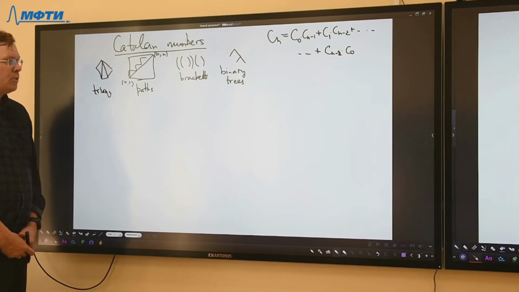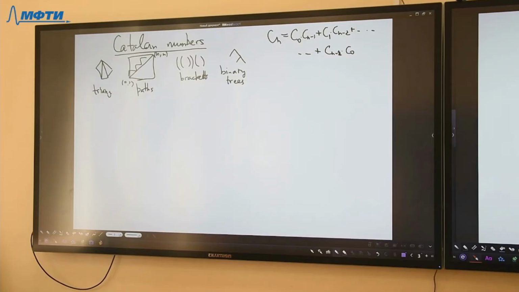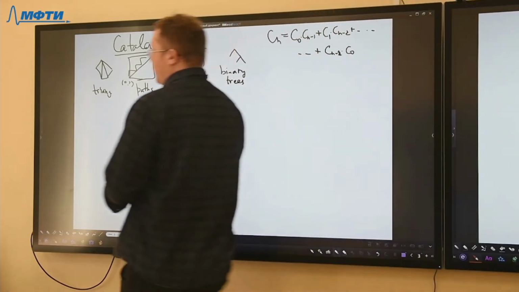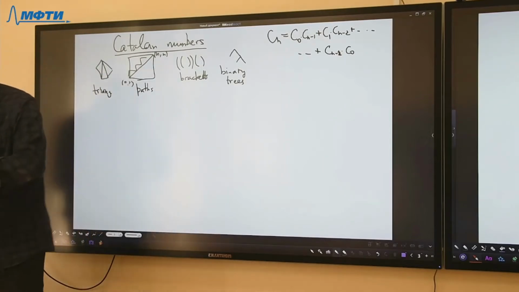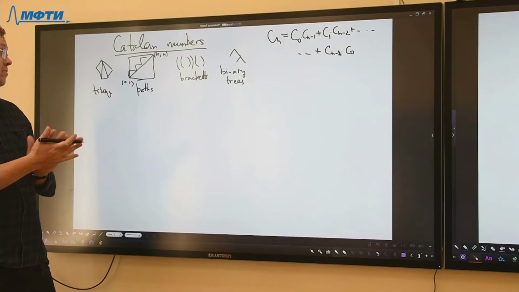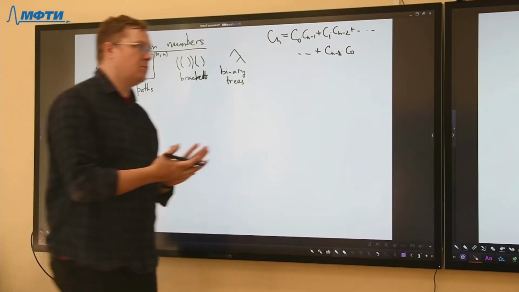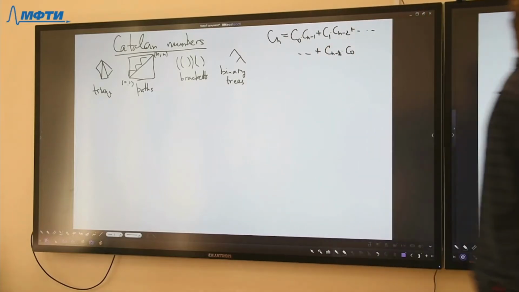But of course, we want to give a short formula to find the Catalan numbers. This is not very easy, but it's still not very hard to obtain a formula. But we need to do some tricks.